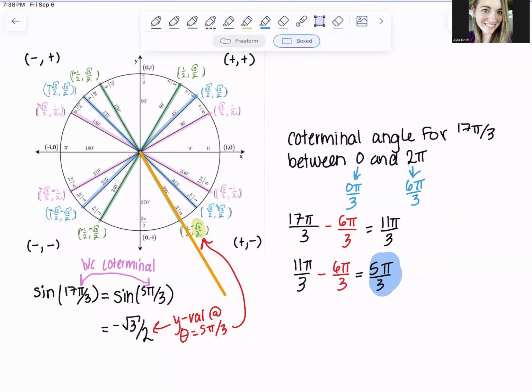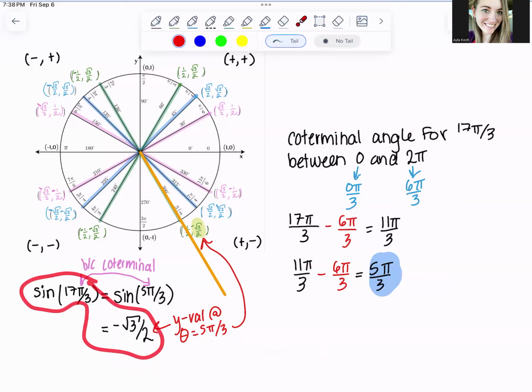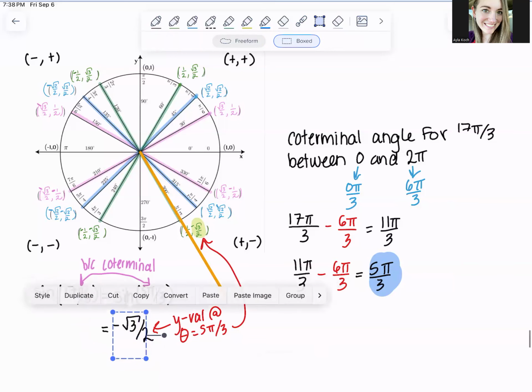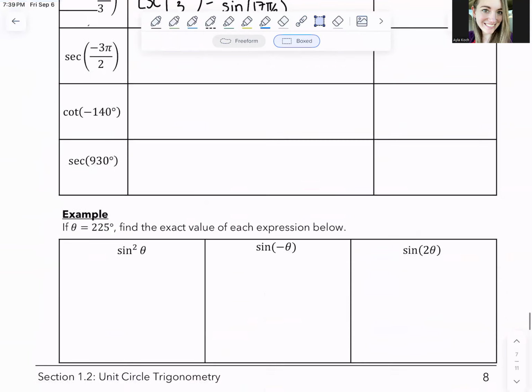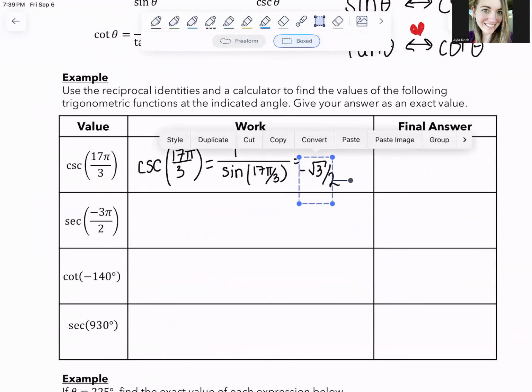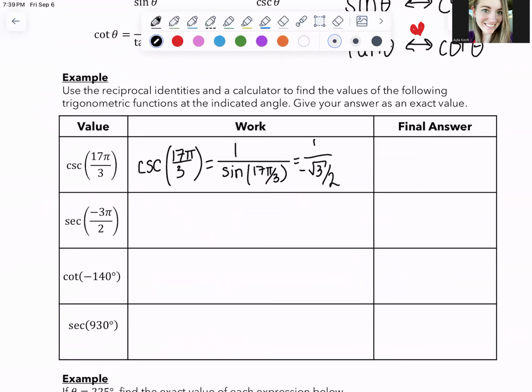All right. So what I can say now is that sine of 17 pi over 3 is negative root 3 over 2. I'm going to take it, copy and paste it, just replacing sine of 17 pi over 3 right here.